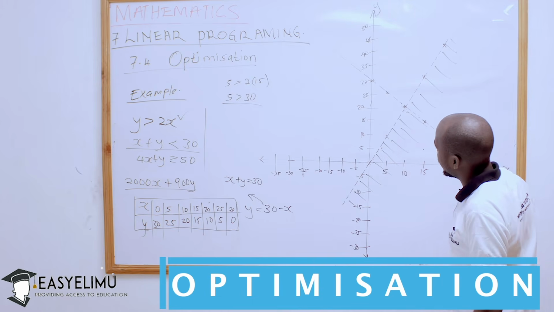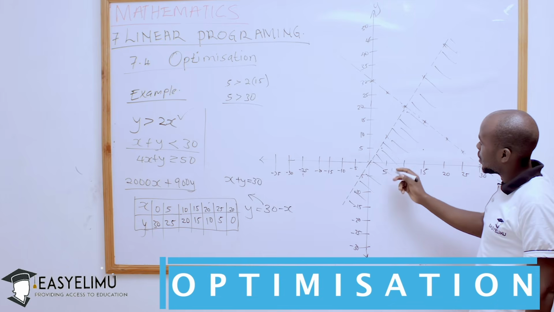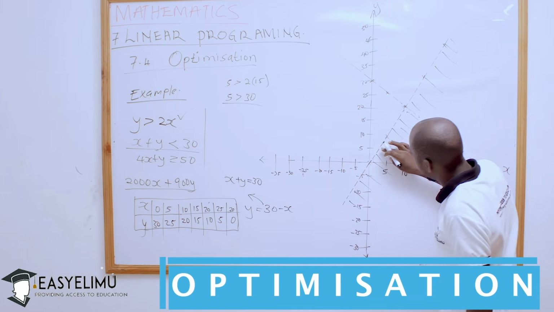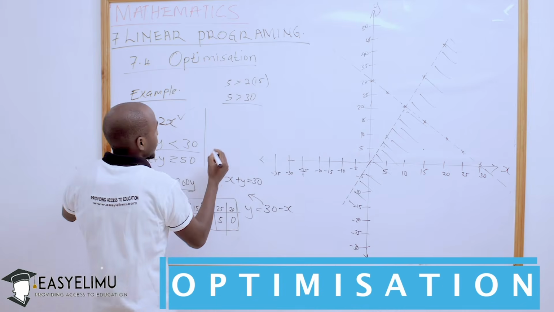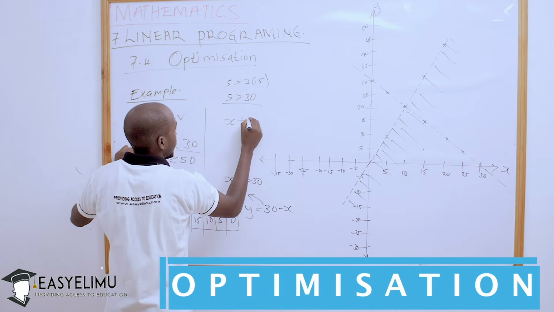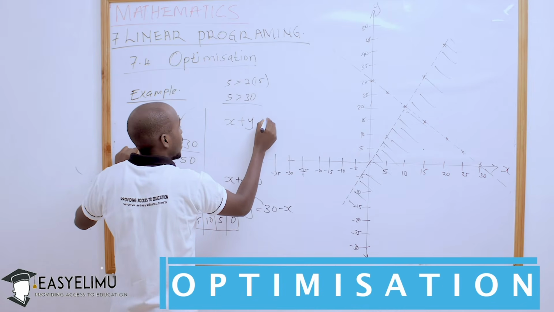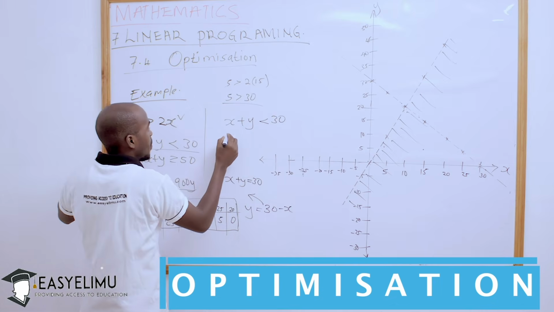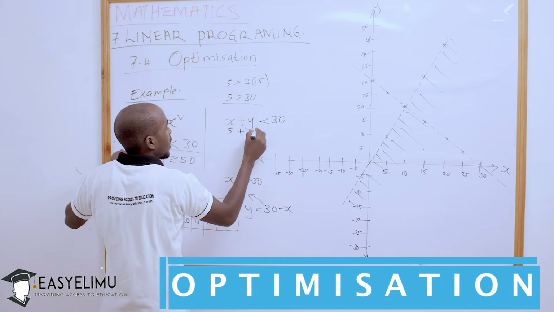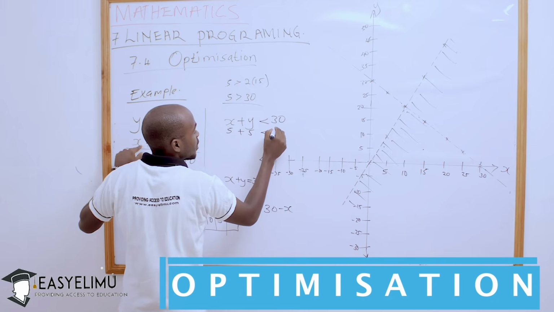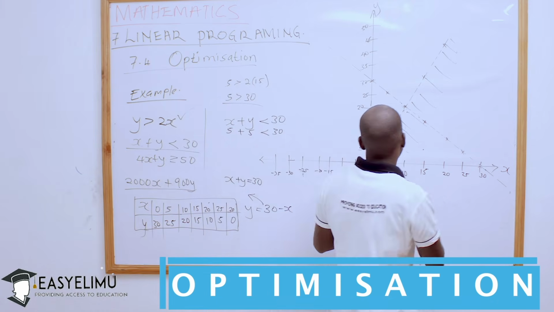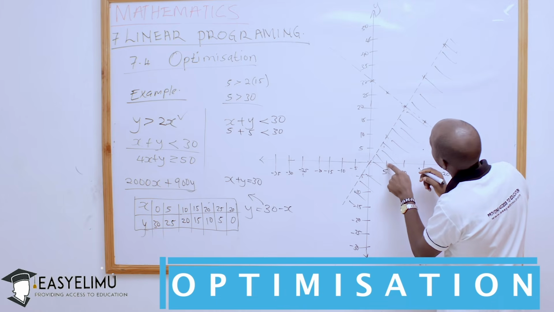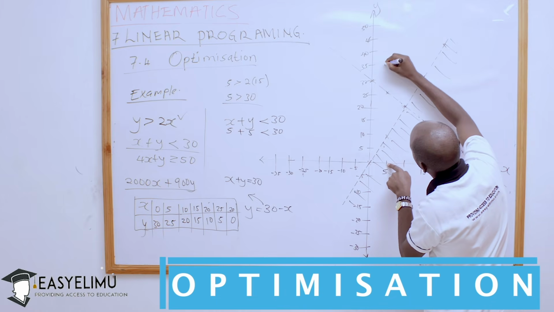If we take x plus y, we should get less than 30. Here we have selected 5 and 5, so we get 10, which is less than 30. Actually, it's true.